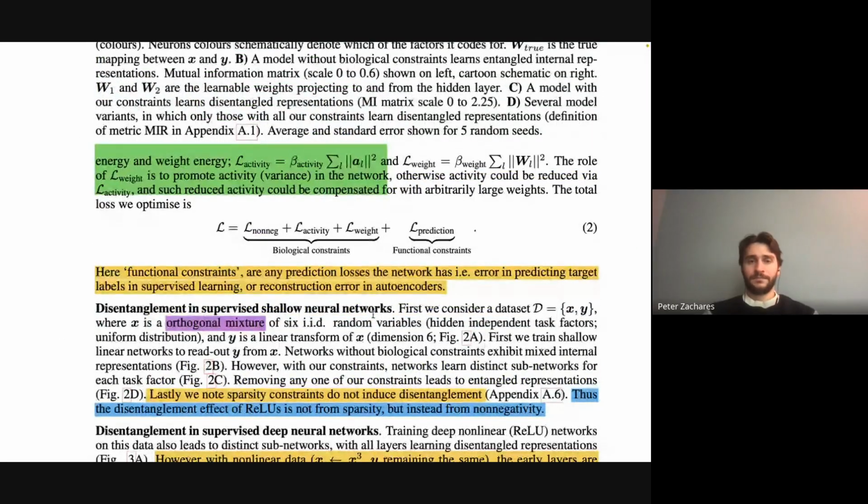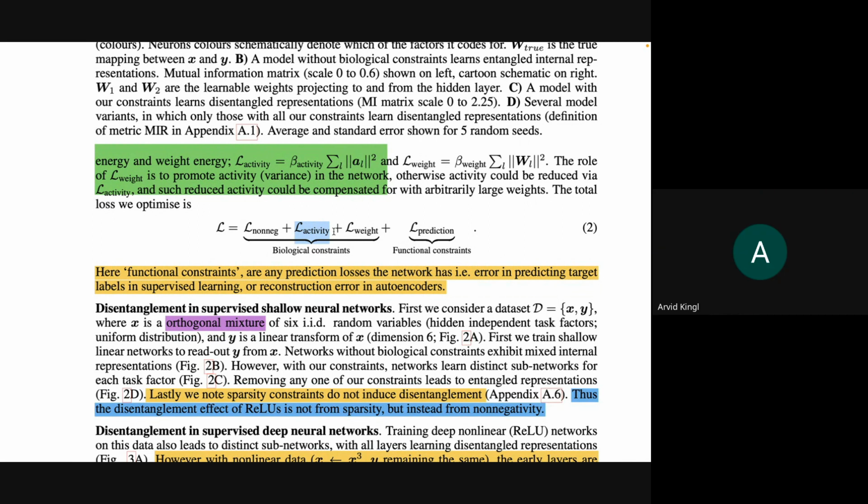What's interesting, I was thinking to myself, I wonder if we'll start enforcing a constraint on activities, like activation outputs. And I actually have seen this before in models related to uncertainty estimation, in a different way.